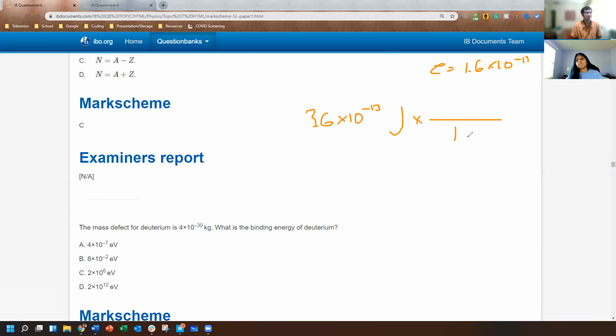No, you're supposed to divide, because a volt is one joule per coulomb, so a joule is a volt times the charge e. That means 1 electron volt has 1.6 times 10 to the negative 19 joules.